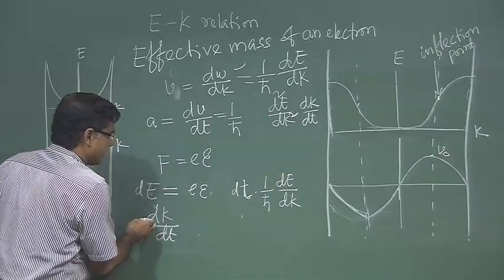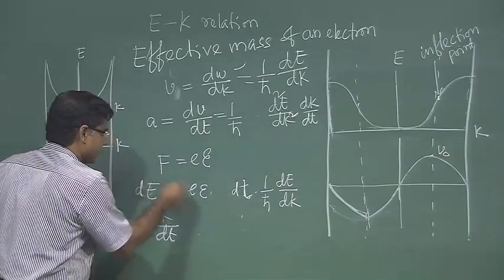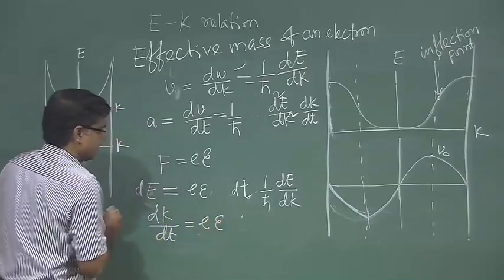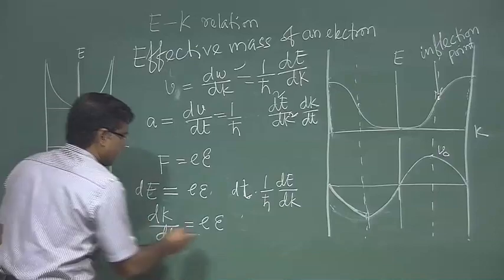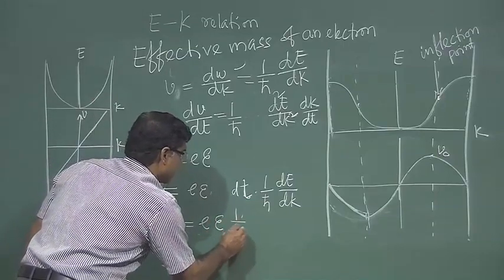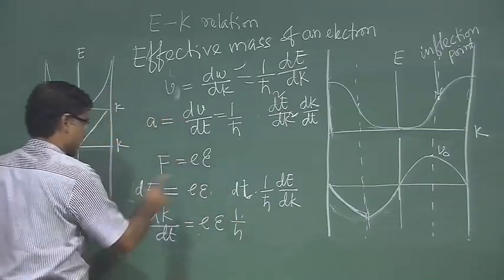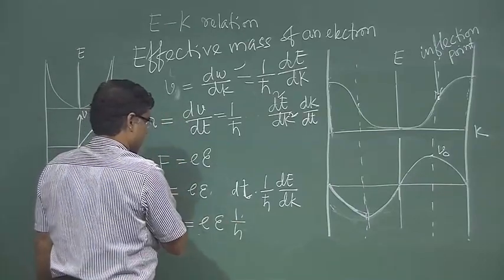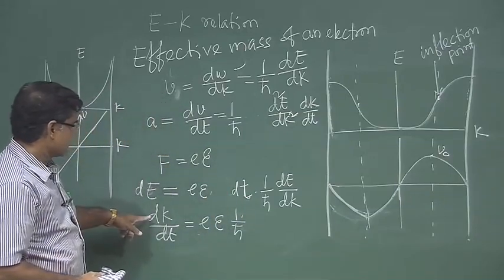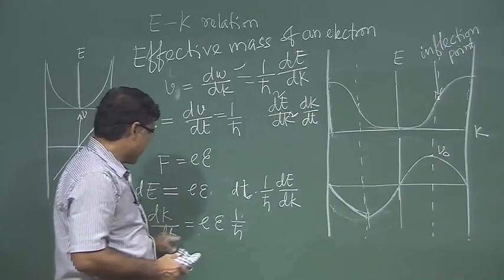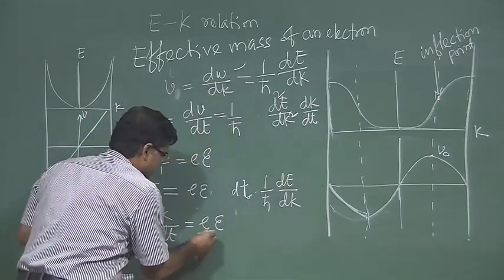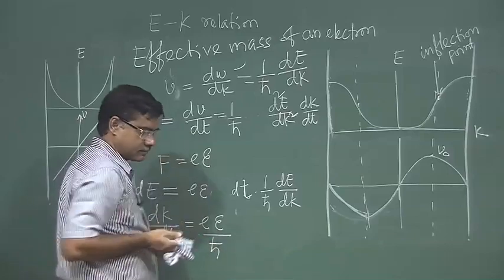So, you will get dk by dt equal to E electric field times 1 by h cross, right. Is it correct? Yes, I think so. So, dk by dt equal to this, E by h cross, right.